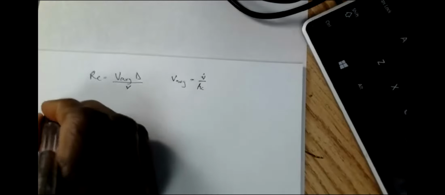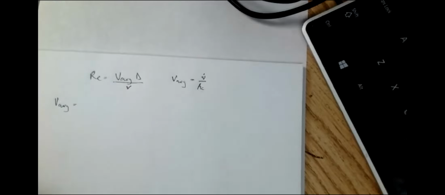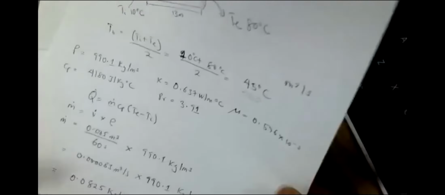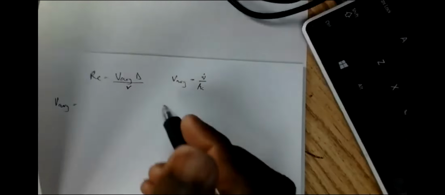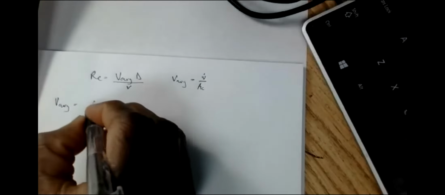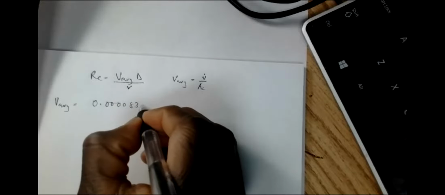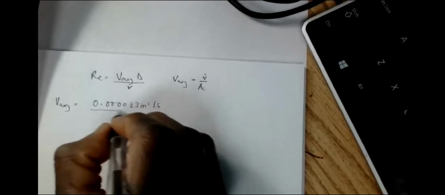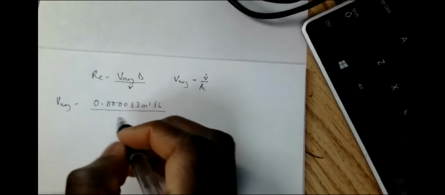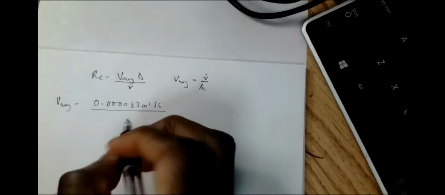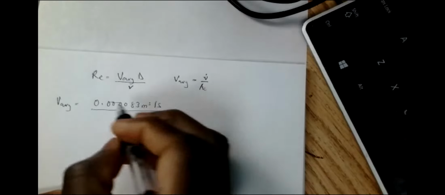So the V average is now equal to this value, 0.0008883 meter cube per second divided by the area, which is pi multiplied by 2 centimeters, just divide by 100 to get the standard unit.